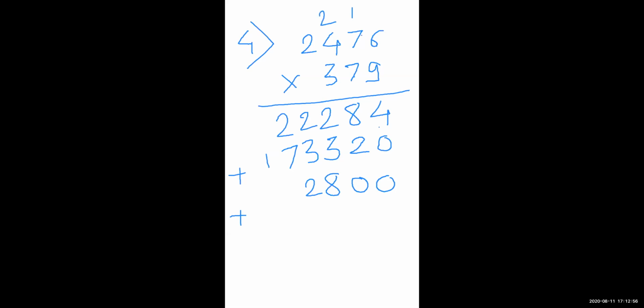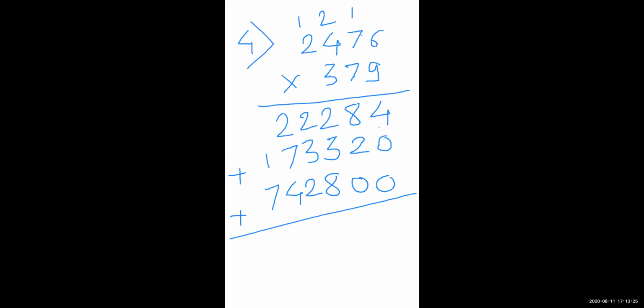Then 3 fours are 12. 12 plus 2 is 14. 14 is 4. 1 goes to carry. Yes. Then 3 twos are 6. 6 plus 1 is 7. It means you will get there 7,42,800.